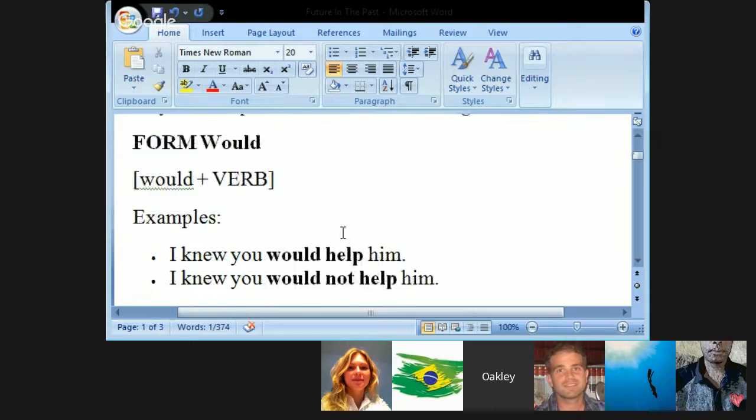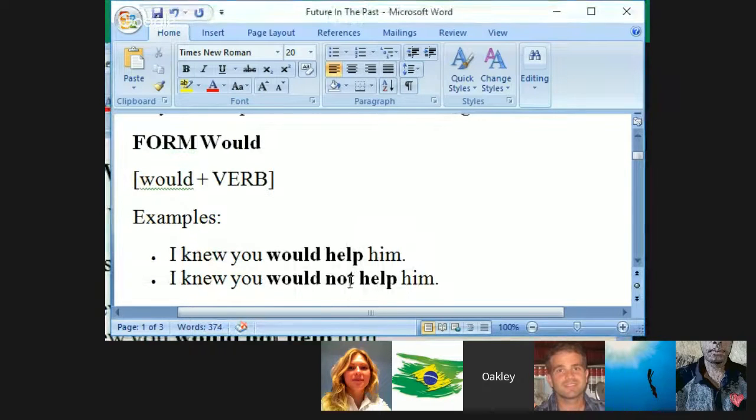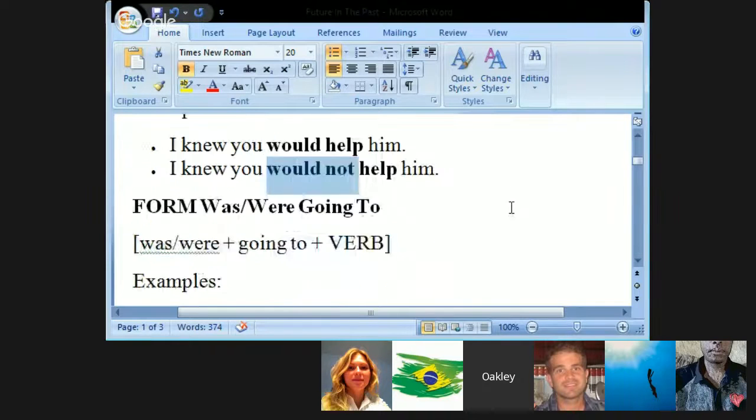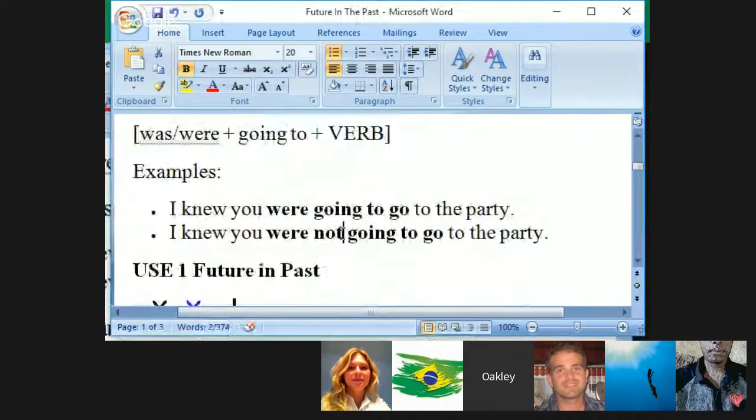Obviously, here, just like in the former, I knew you would not help him. Most native English speakers would use the contracted or reduced form. The contraction wouldn't. I knew you wouldn't help him. And same thing here. I knew you weren't going to help, weren't going to go to the party.